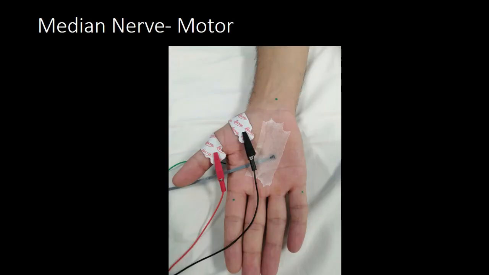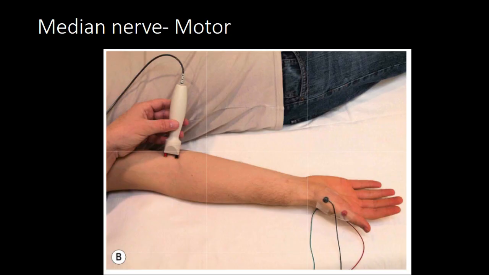So again, this is the usual setup that I follow. I keep the temperature probe on the palm, so I don't have to change it again and again, because the rest of the points are open for me to do the study. This is again stimulating at the elbow to get the more proximal motor median study.